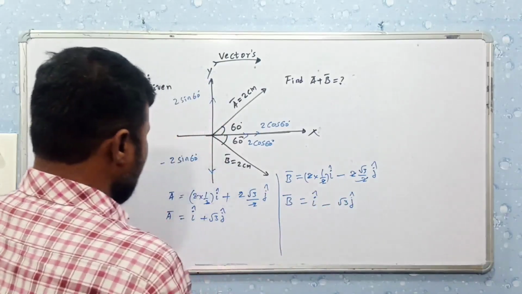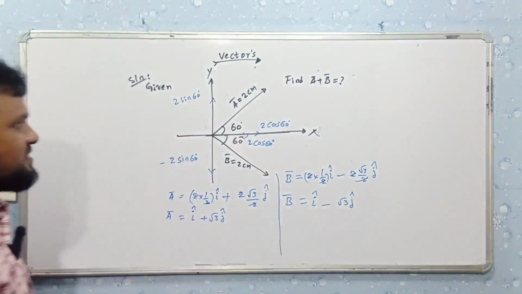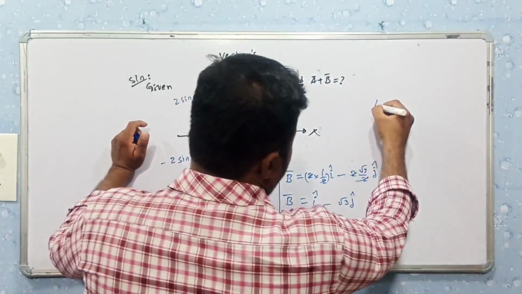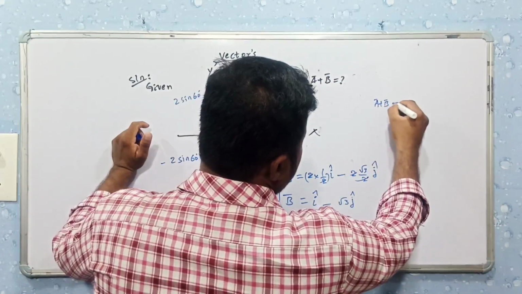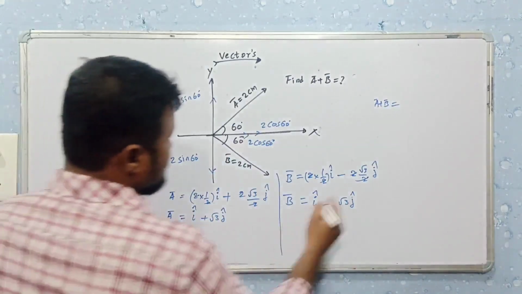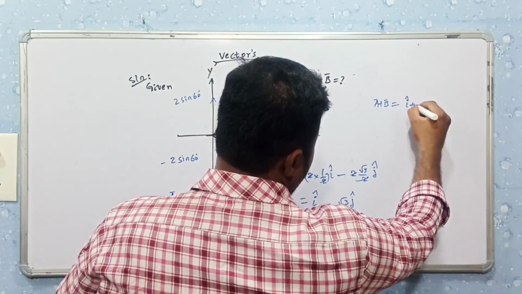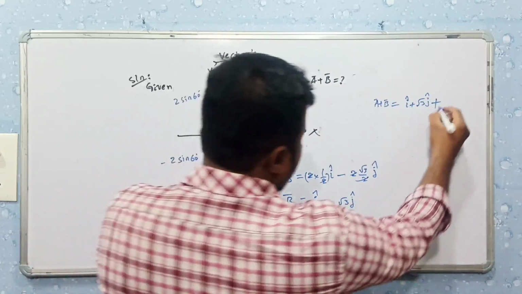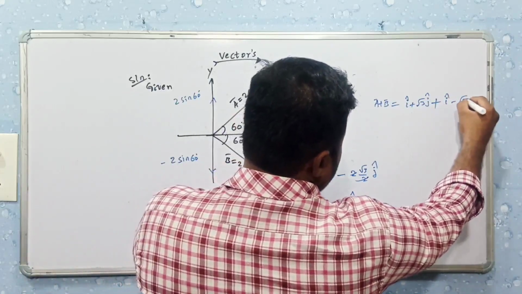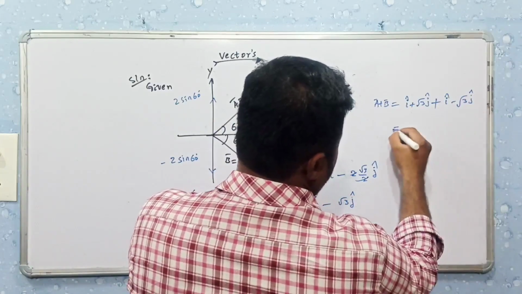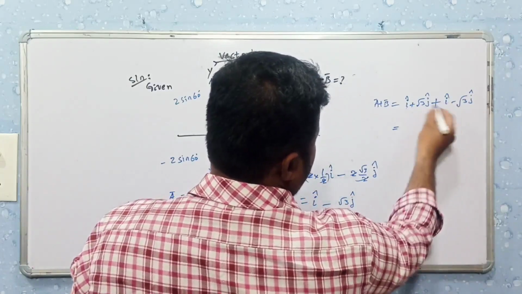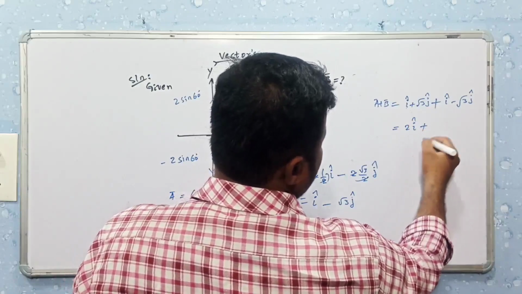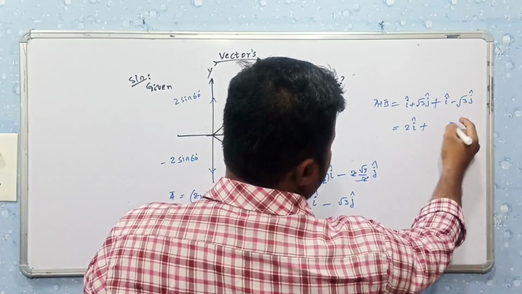This is B bar. Now for the addition of vectors, I want to find A bar plus B bar. A bar plus B bar is equal to i cap plus root 3 j cap plus i cap minus root 3 j cap. i plus i, 1 plus 1, 2 i cap, plus root 3 minus root 3.